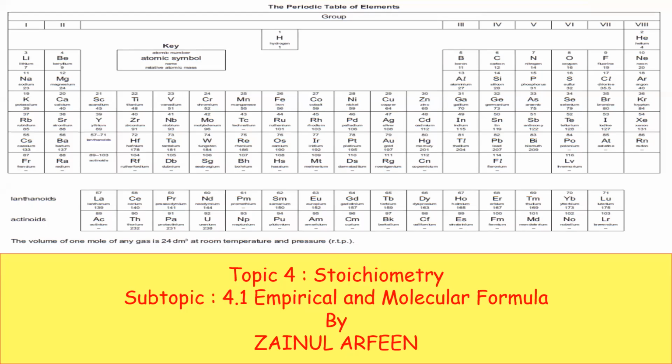So if in the question they provide you the mass or the percentage, then we will follow three steps. What are the three steps? Number one, we will divide by atomic mass. That will be step one.